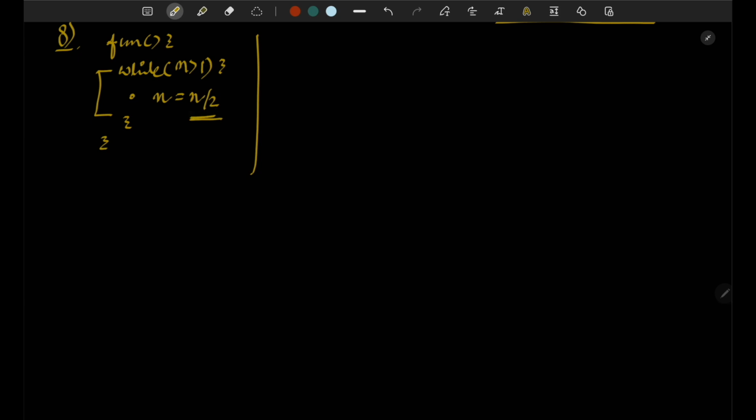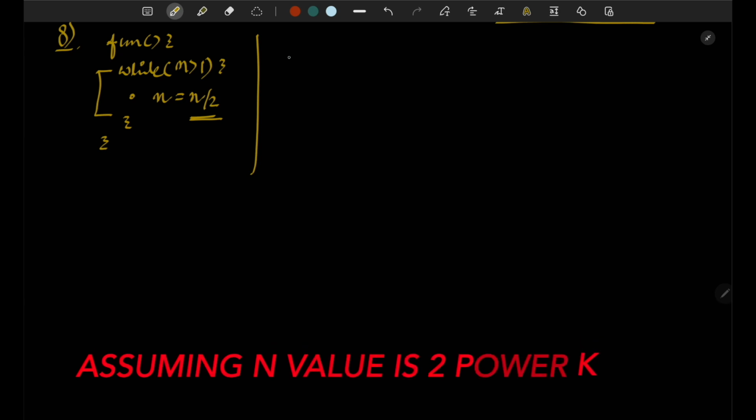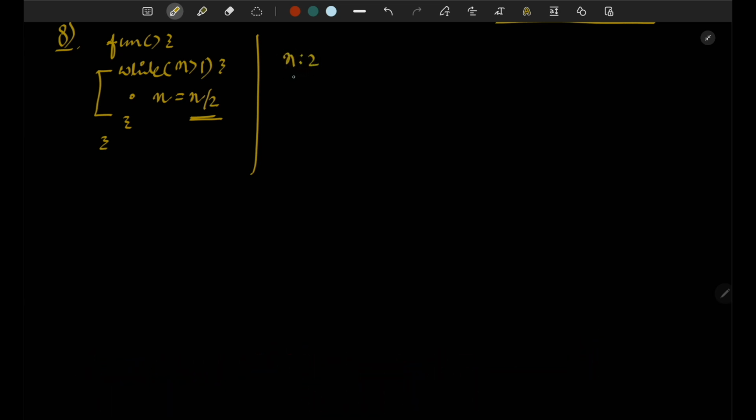So let's say to begin with, the n value is 2. When we enter and execute this, when we come out the value becomes 1. Why? Because of course we are dividing it, right? So this becomes 1. And is 1 greater than 1? No, right? So we can say that this got executed one time.